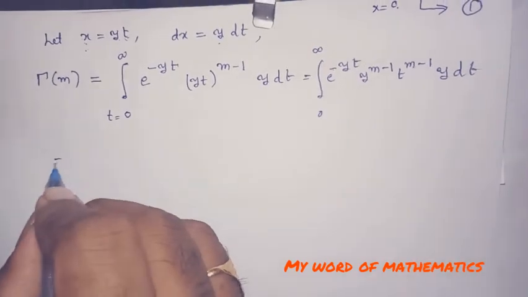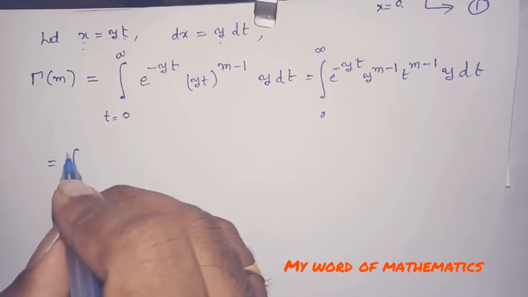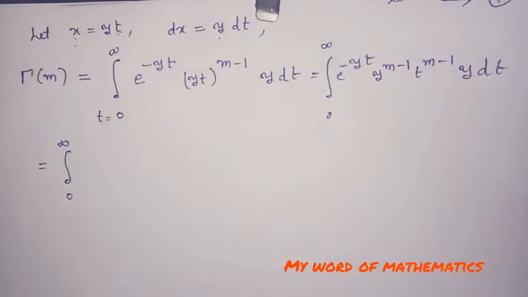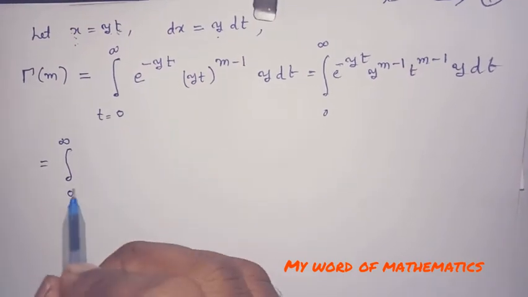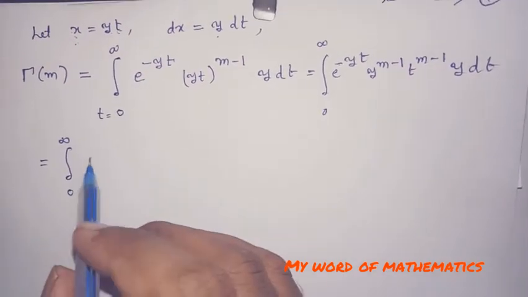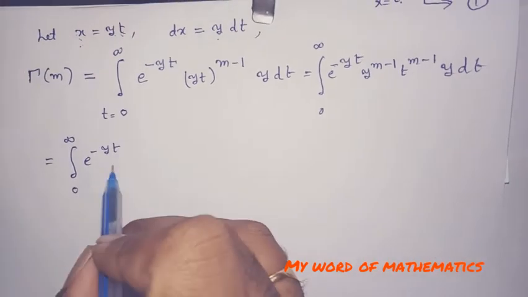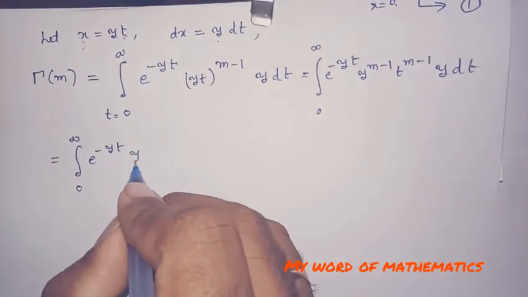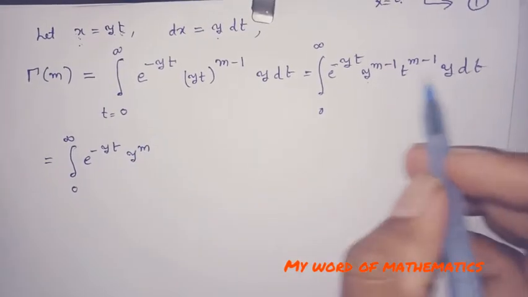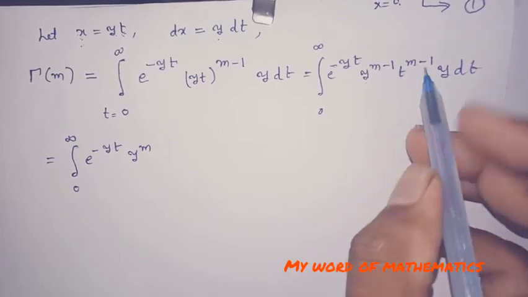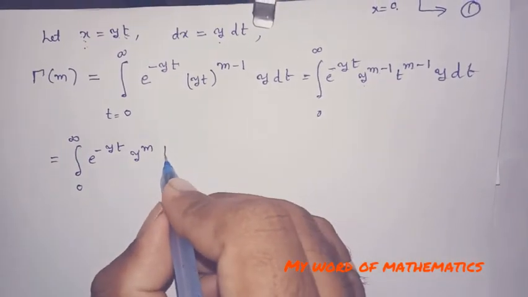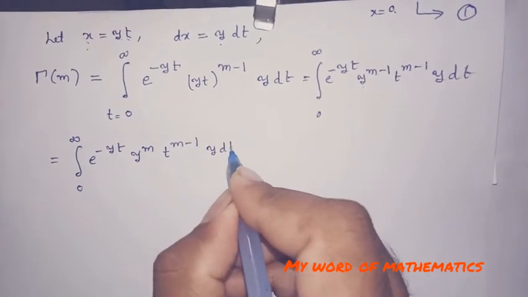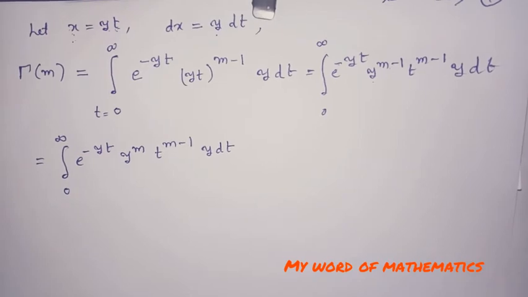Okay, now integral within limit 0 to infinity e power of minus yt, y power of m minus 1 into y means y power of m, because bases are equal, therefore you have to add powers, into t power of m minus 1 dt.